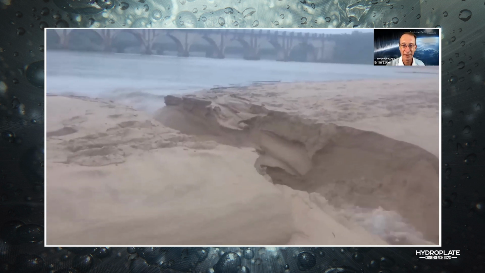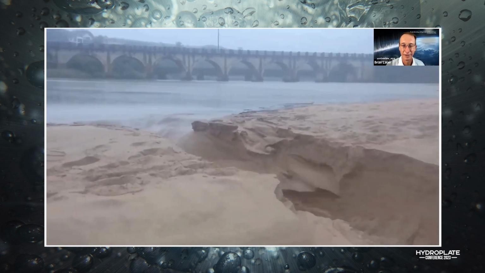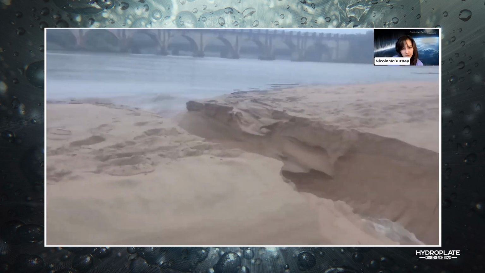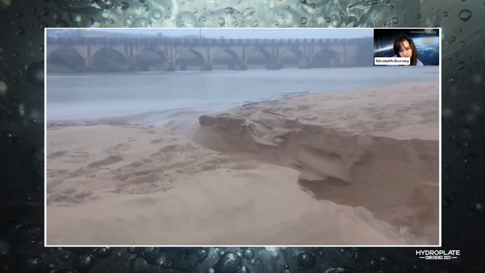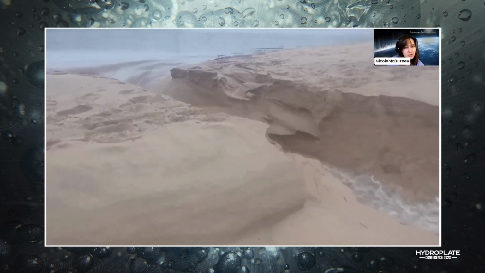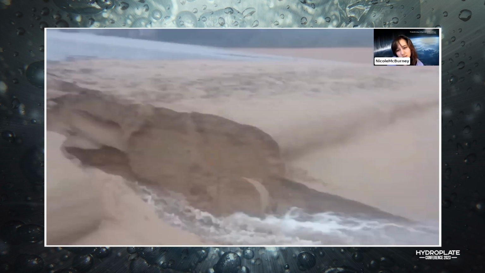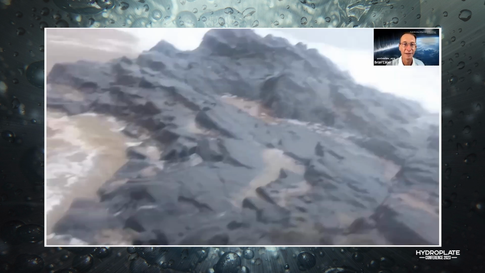That's a pretty steep canyon. Oh, wow. There's going to be a lot of water flowing through that. You can see all the water rushing in there. Yeah, that is wild. Oh, neat.